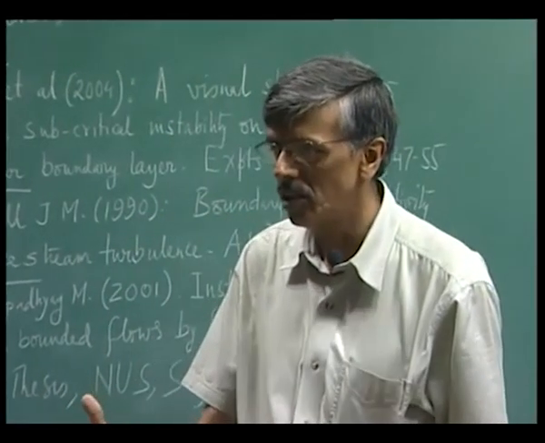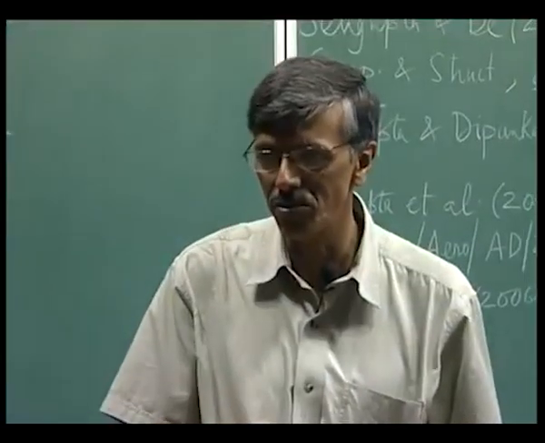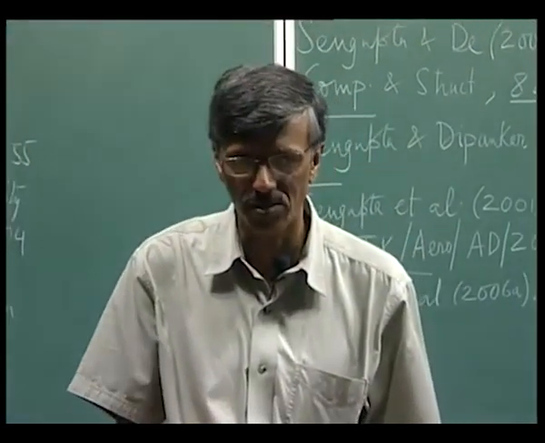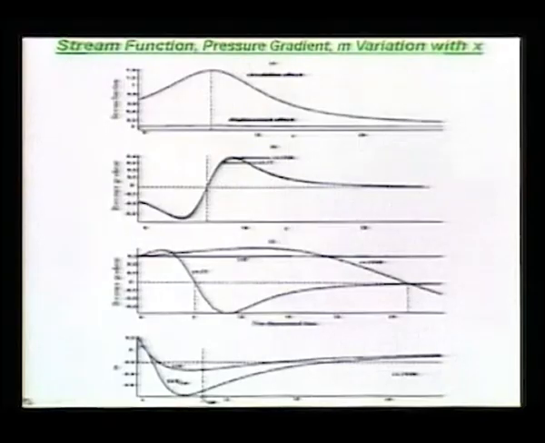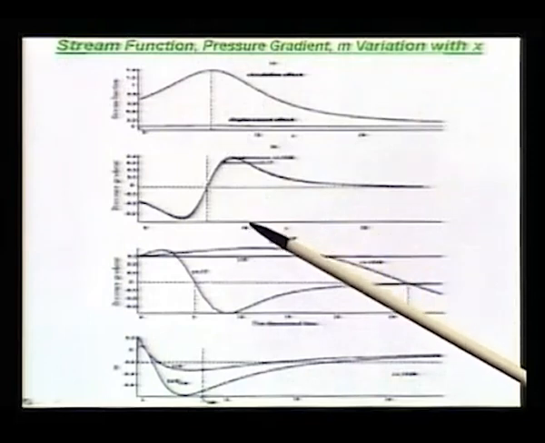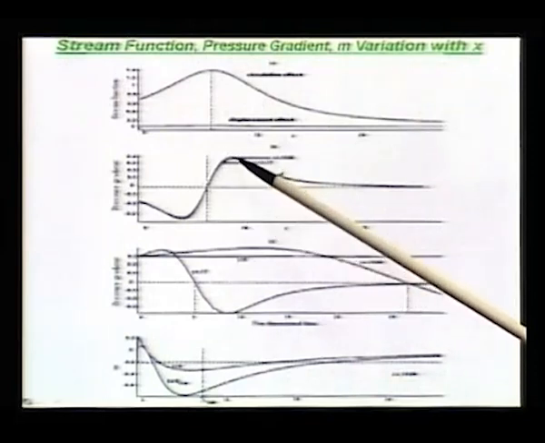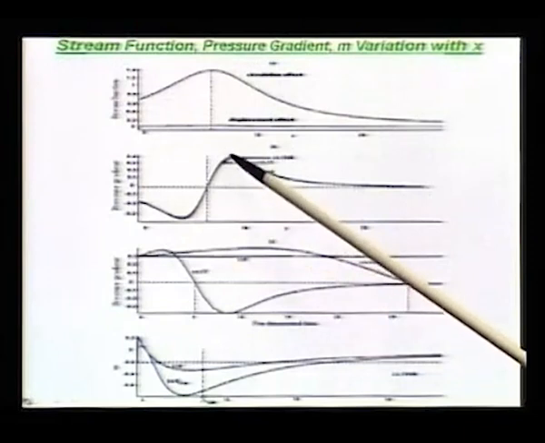So, you can see the role. It's not a static system that we are studying. We are looking at a dynamical system, so the time history is important. The 0.77 case may produce, at a fixed time, the same amount of adverse pressure gradient, maybe even slightly more.